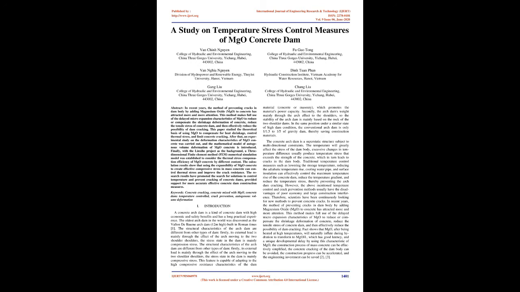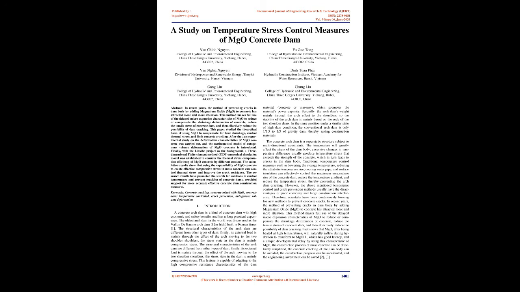The concrete arch dam is a superstatic structure subject to multidirectional constraints. The temperature will greatly affect the stress of the dam body. Excessive changes in temperature difference usually produce temperature stress that exceeds the strength of the concrete, which in turn leads to cracks in the dam body.